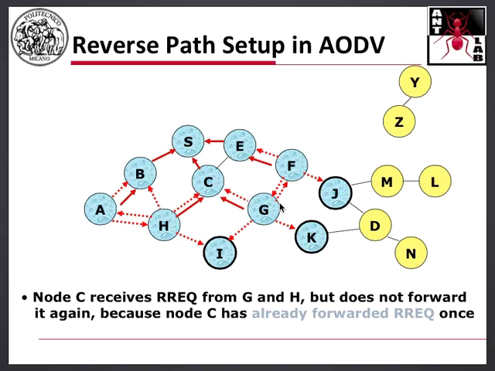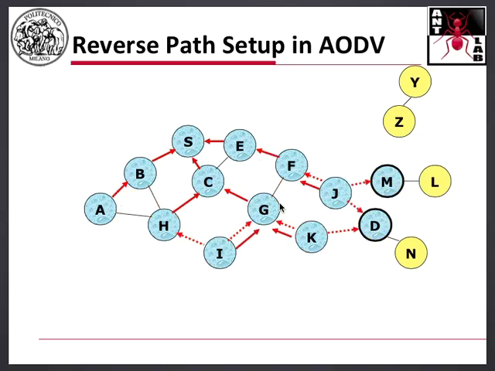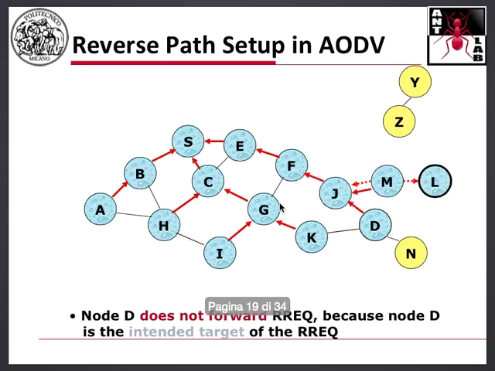So in the end, the route request is received after some time also by D. In this case, we have two route requests received by D, from J and K. So D now can actually answer the route request.